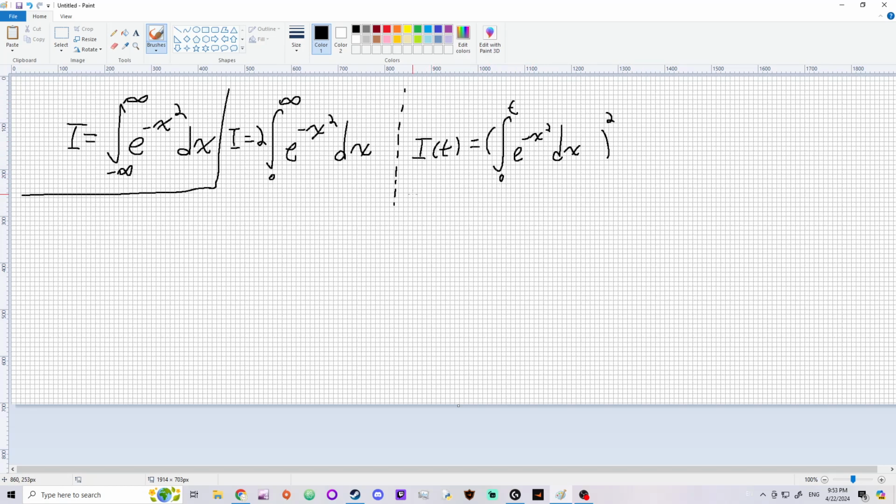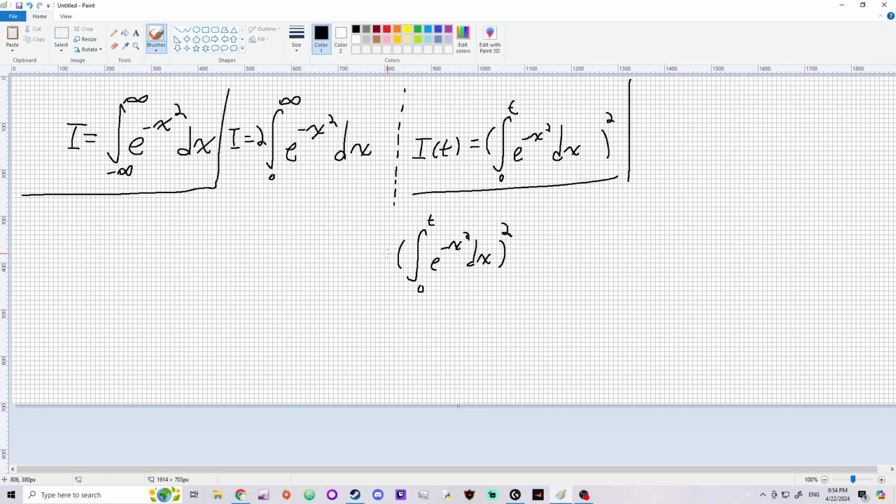And then let's properly evaluate this. Let's do that same integral, 0 to t, of e to the negative x squared dx, and this is all squared. So how are we going to make this useful?